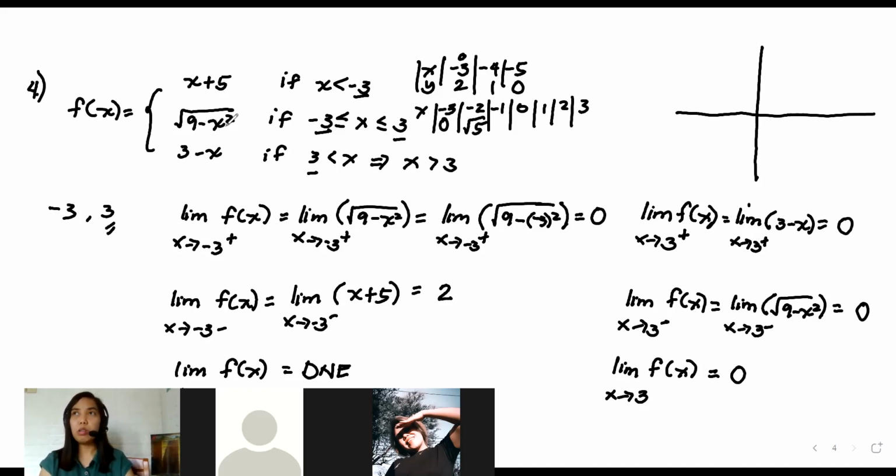Negative 1, 9 minus 1, square root of 8, that is 2 square root of 2. 9 minus 0, 9, square root of 9, 3. 1, 9 minus 1, it's 8, square root of 8, that is 2 square root of 2. 2 squared, it's 4. 9 minus 4, it's 5. So we have square root of 5. 3 squared, it's 9. 9 minus 9, it's 0. Square root of 0 is 0. So that is the graph, class, which looks like a half circle.